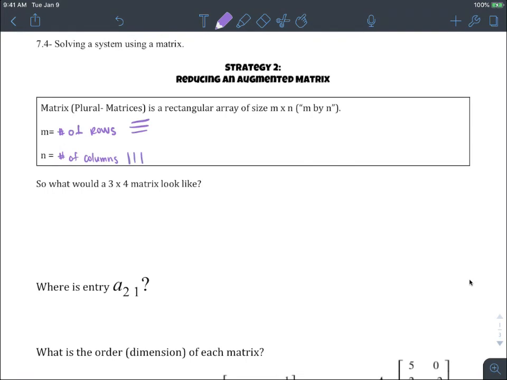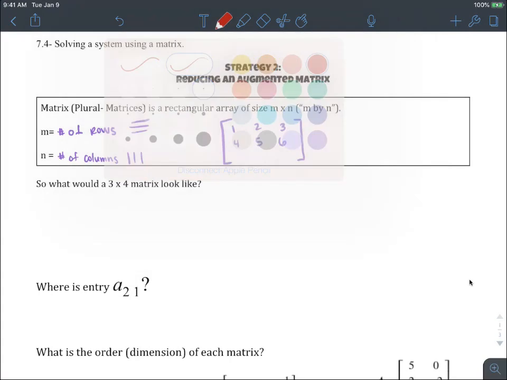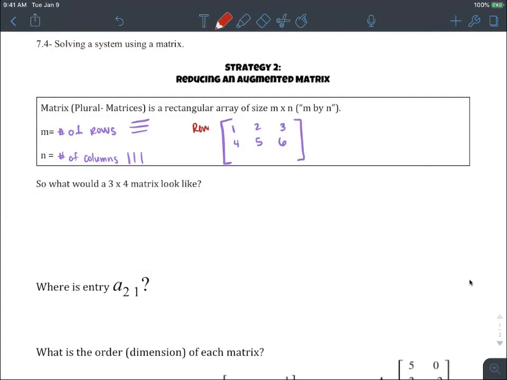Okay? A matrix looks something like this. It has these brackets, and I'm going to do 1, 2, 3, 4, 5, 6. This would be row 1, row 2, and column 1, column 2, column 3.